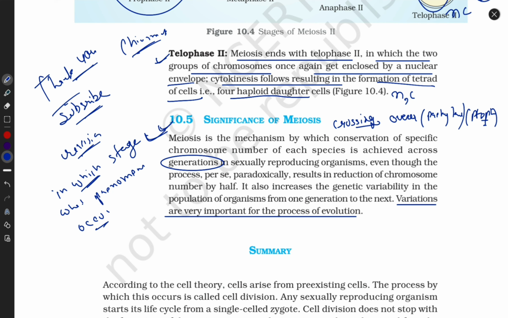The termination of chiasmata is diakinesis. You have to remember this cell division at your fingertips: which stage, and in which stage the chromosomes align at the equatorial plate. You also have to remember the chromosome ratio in each phase.